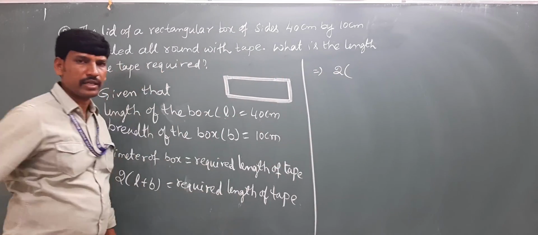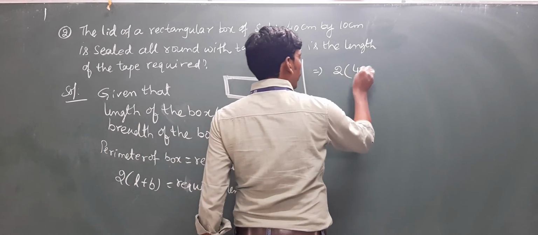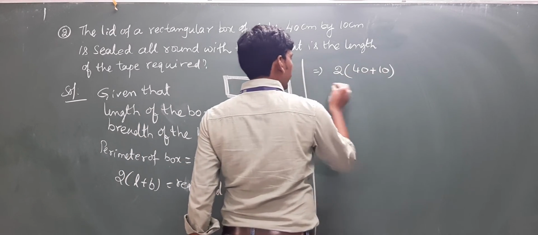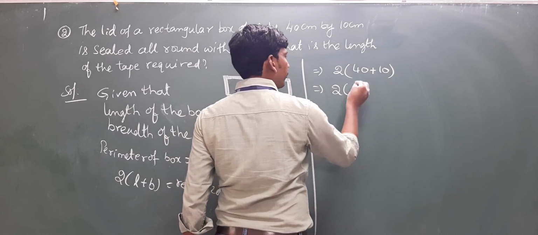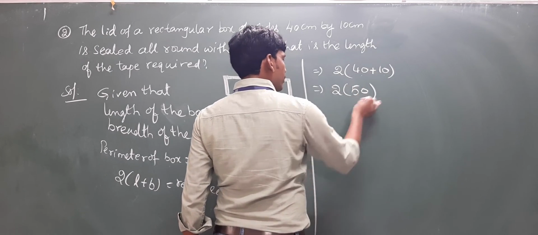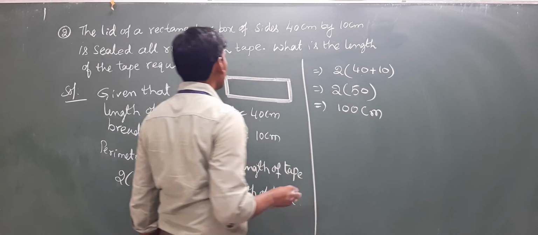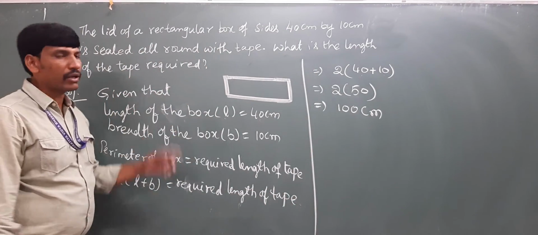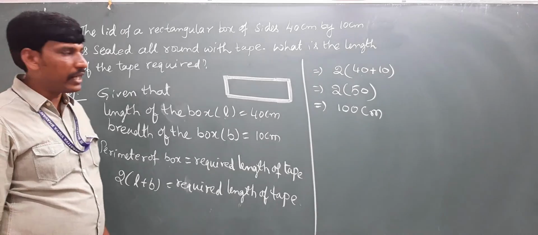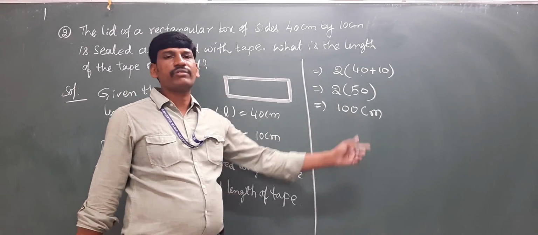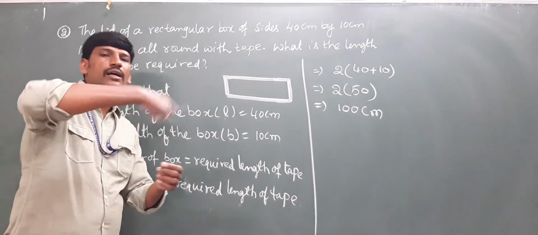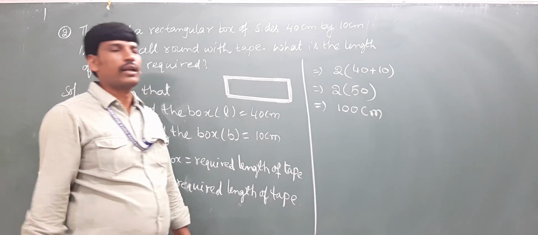Length is equal to 40 centimeters and breadth is equal to 10 centimeters. So 2 into (40 plus 10), which is 50. So 2 into 50 is equal to 100 centimeters. They are asking what is the length of the tape required. So 100 centimeters of tape is required to seal the entire rectangular box.